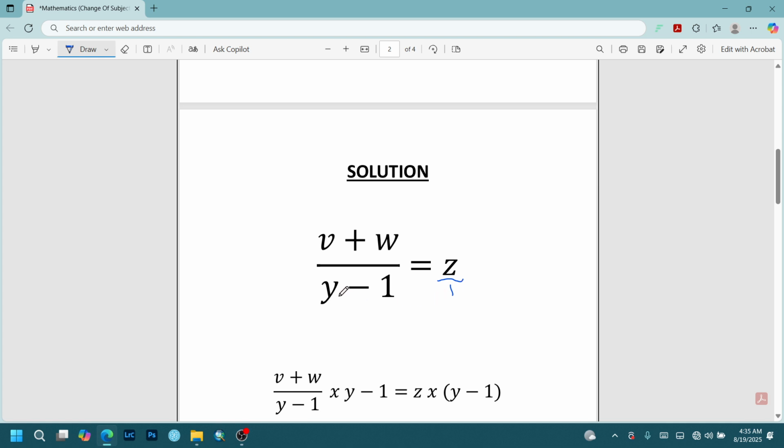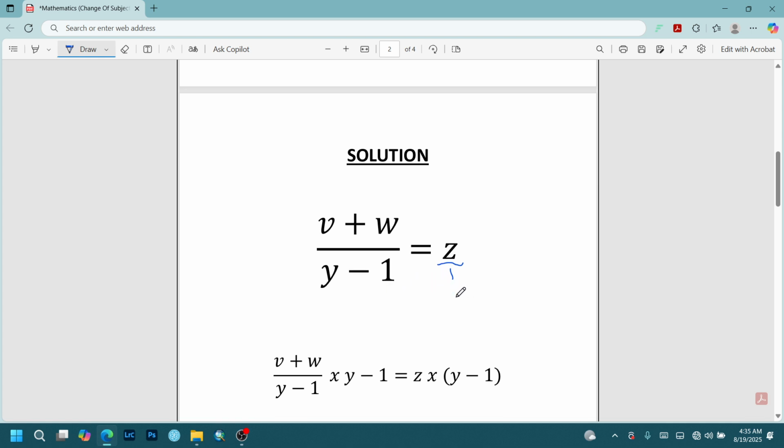So between 1 and y minus 1, the LCM is y minus 1, which means y minus 1 would go into all the denominators. So you multiply through each side by the LCM.